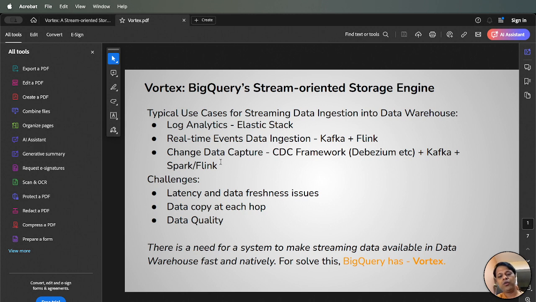To cater to those kinds of scenarios, BigQuery has introduced another storage engine called Vortex, which is streaming oriented. The initial use case it solves is streaming data ingestion, but it can also cater to batch data ingestion as well.